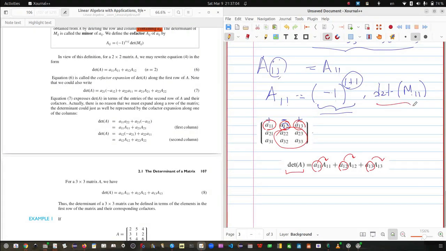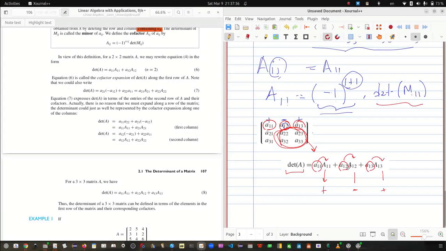The determinant of that minor matrix times a sign, minus or plus based on its location. If it is 1, 1, then it's plus. If it is 1, 2, it is minus. So this brings a sign for the plus, and this brings signs for minus and plus also. So in this case, A11 times the determinant of this matrix, which is A22 times A33 minus this 2.